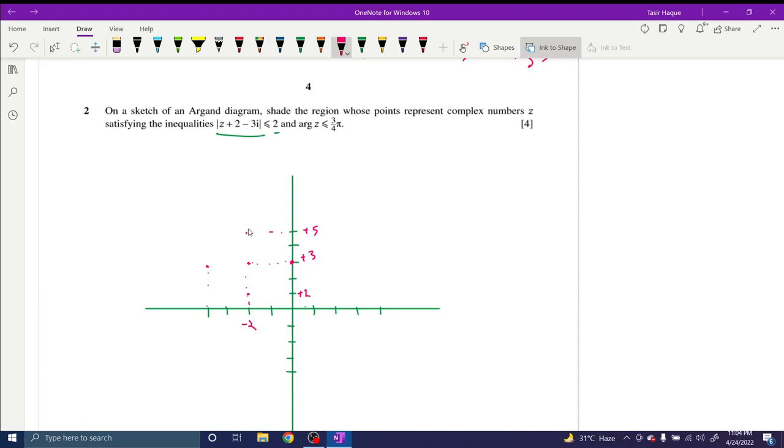So just draw a circle. Somewhere over here, right? Okay. So just draw the circle, and it has to touch the x-axis and the y-axis, okay? It's going to be something like this, basically.